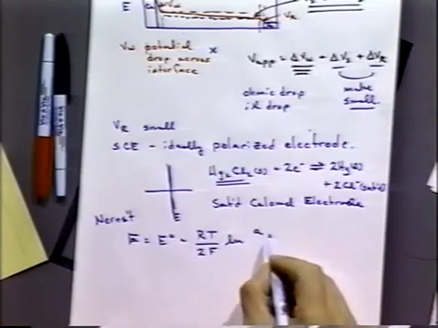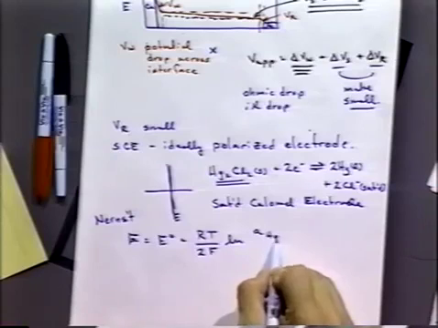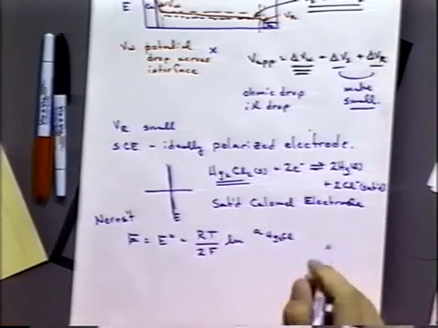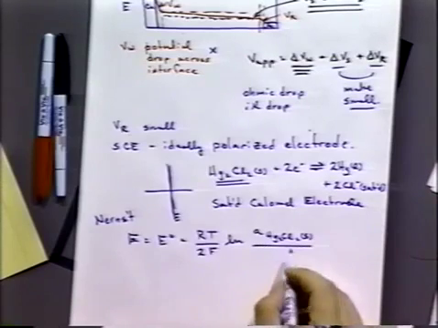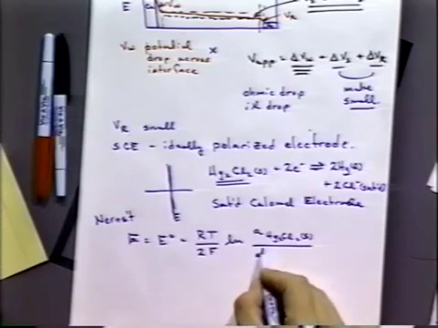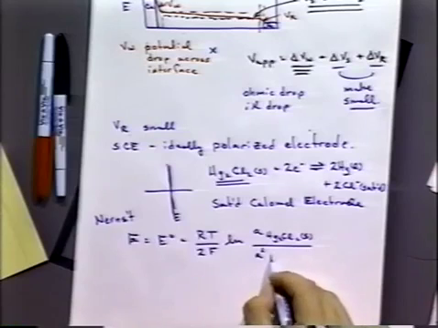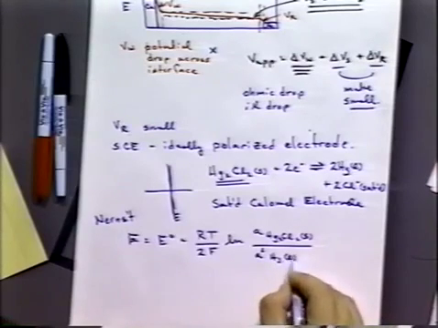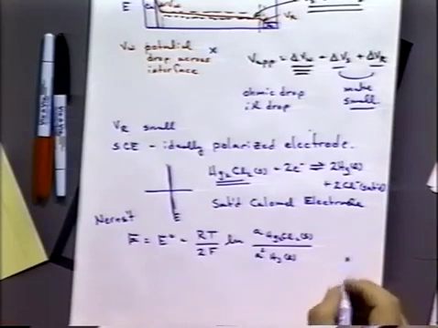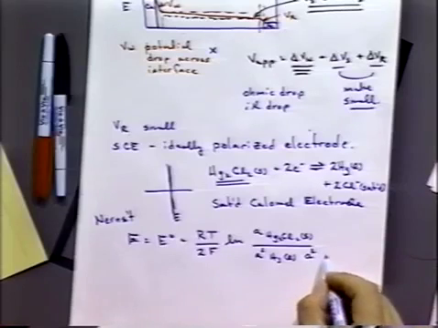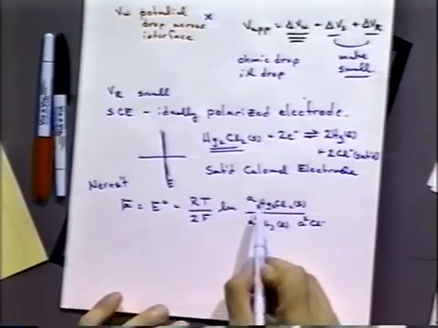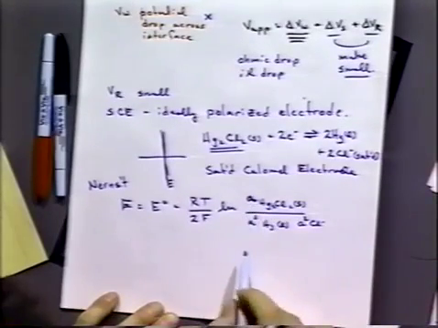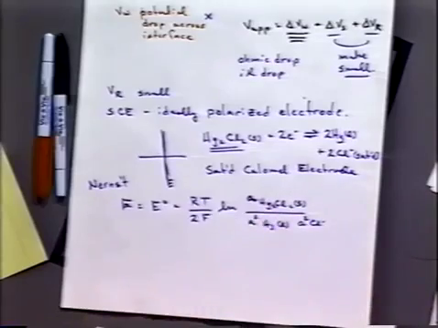So the activity of the calomel, which is a solid, and the activity squared of the mercury liquid, and the activity squared of the chloride. What is that in front of the Hg2? That's an A, and that stands for activity.